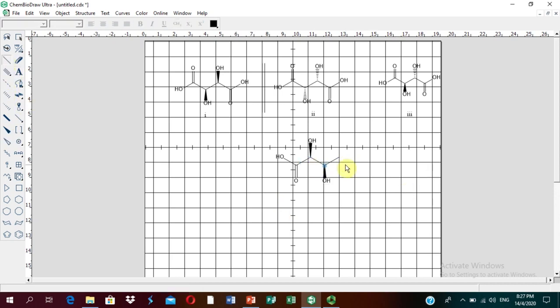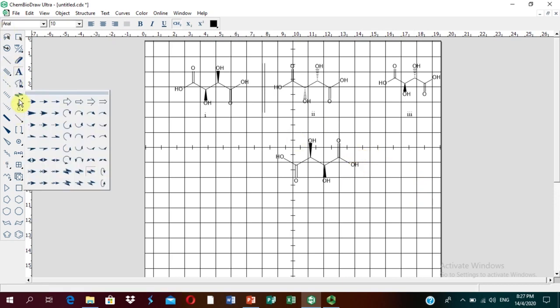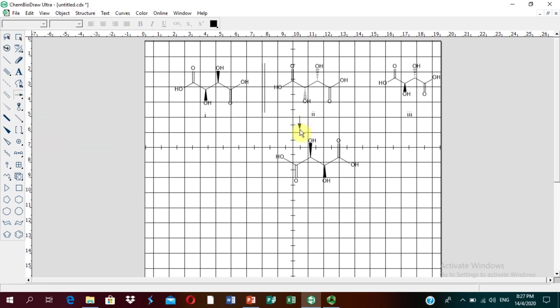Then this is carboxylic acid. So here, if we turn to 180, flip 180 degrees, but this is still structure 2.